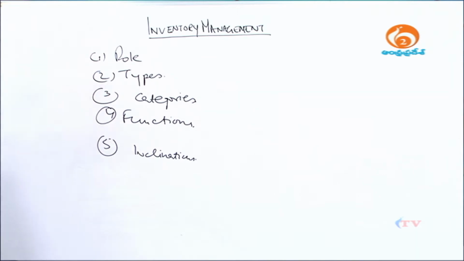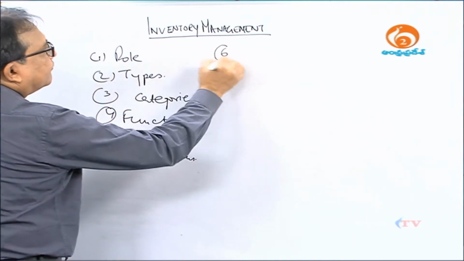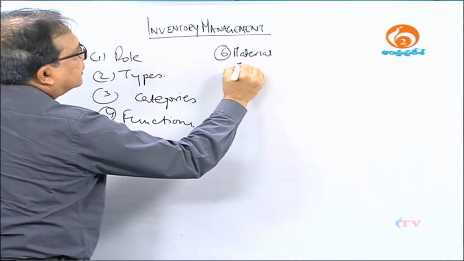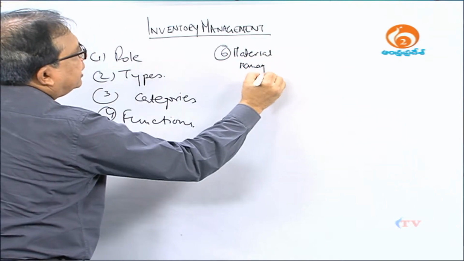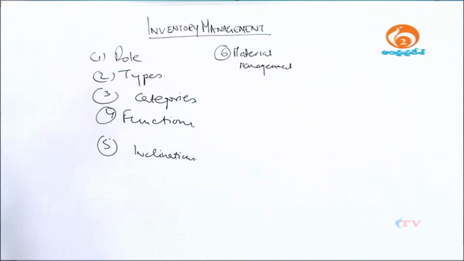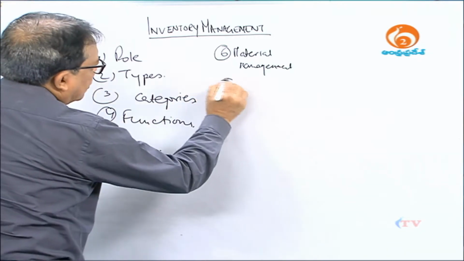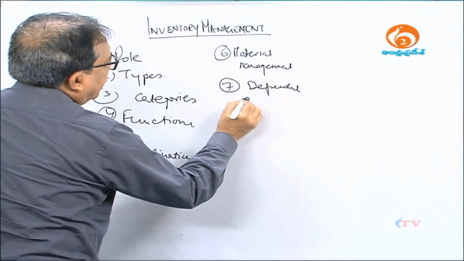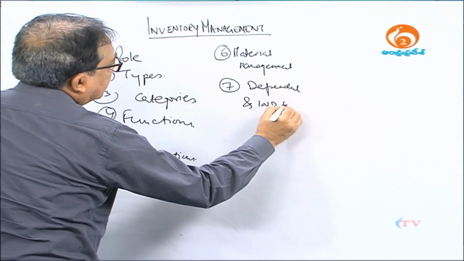With this, we are also going to add how material management is closely connected to inventory management, and also dependent and independent inventory.